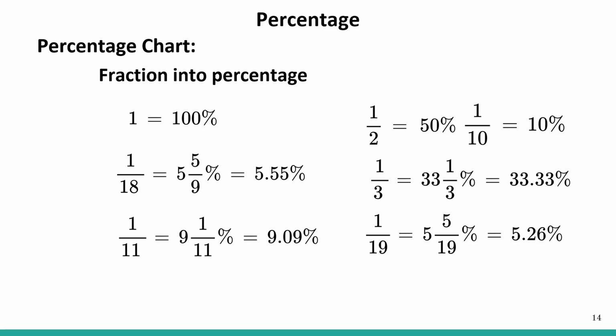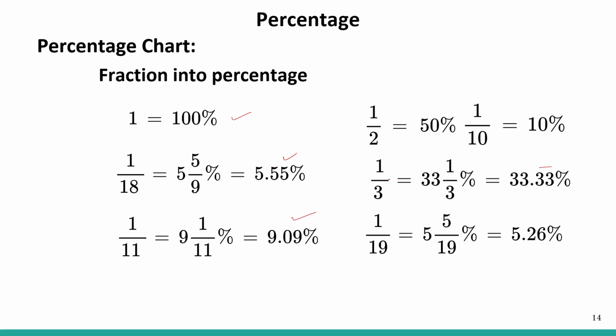If 1 is a whole, then 100% will be 1. 1 by 18 is equal to 5 whole and 5 by 9th percent, that is 5.55%. 1 by 11 is equal to 9 whole and 1 by 11 percent, that is 9.09%. 1 by 19 is equal to 5 whole and 5 by 19 percent, that is 5.26%. 1 by 3 is equal to 33 whole and 1 by 3rd percent, that is 33.33%, or we can also write 33.3 bar percent.